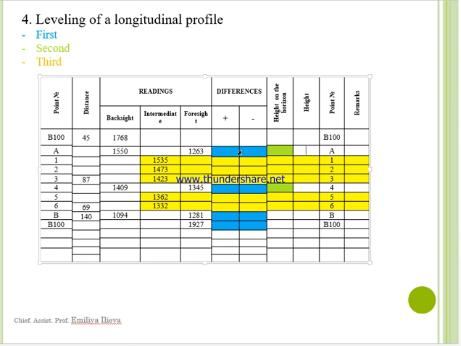This height plus the next elevation difference plus the correction is going to give us the height of point 4. This height plus the next elevation difference plus the correction is going to give us the height of point B, and the last one, this height plus the last elevation difference plus its correction, you need to calculate again the height of the benchmark.